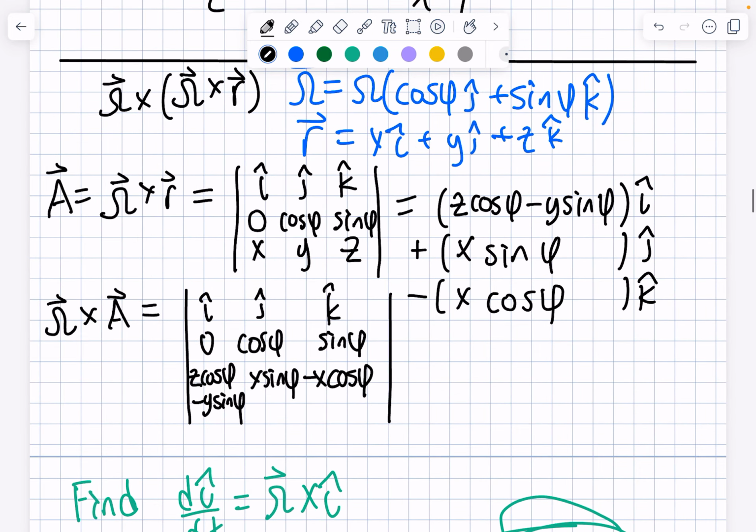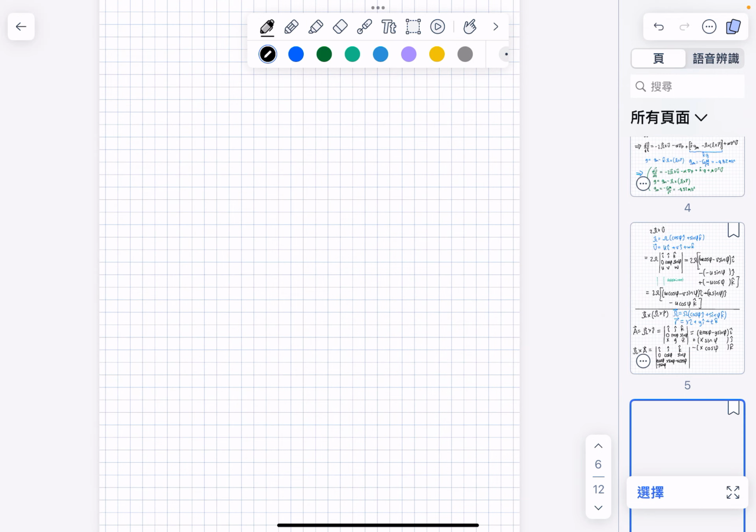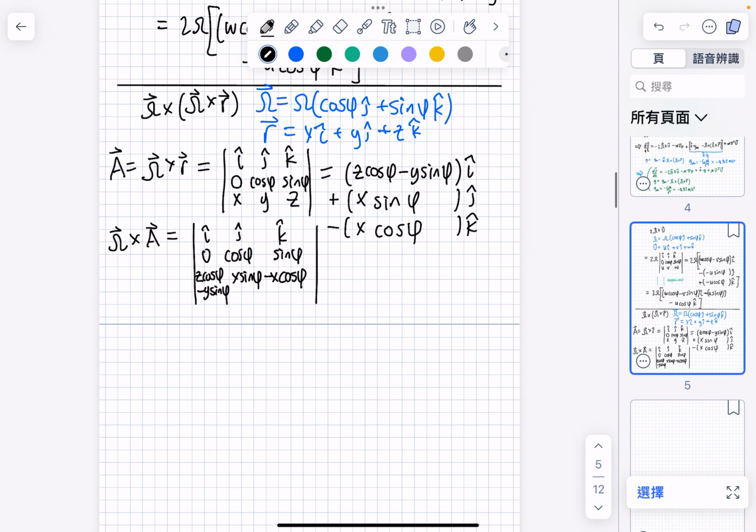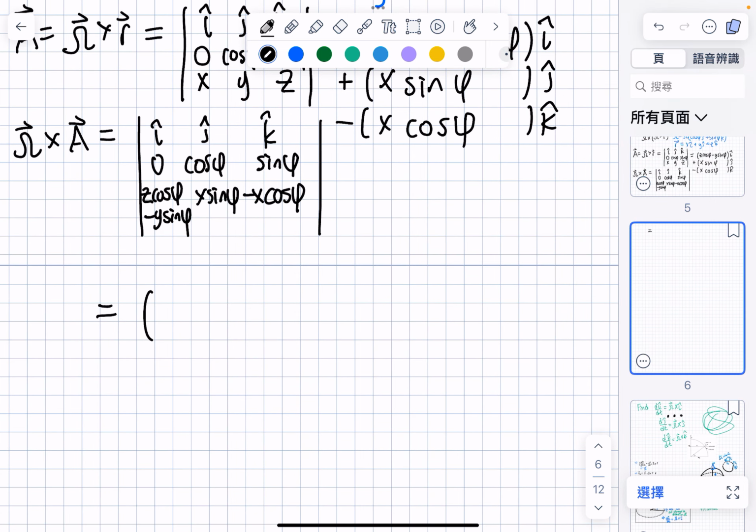This will be equal to something a bit complicated, so let me add another page. Something times I, that something being minus x cos squared phi plus x sine squared phi.